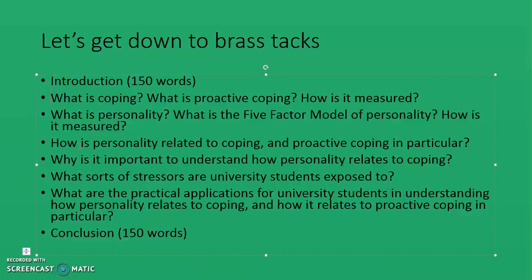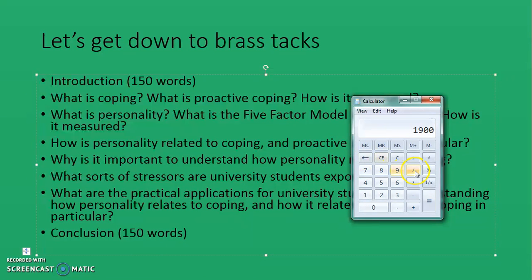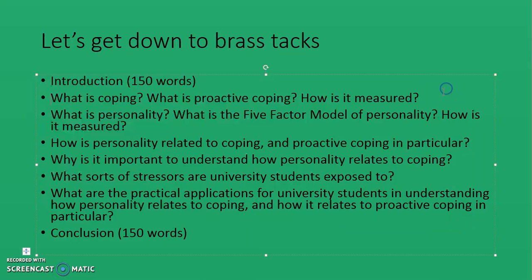So we've got those 6 key areas to tackle. This helps break things down even further. So let's divide our 1,900 words by 6. Alrighty, so that gives us around about 316 words per section.